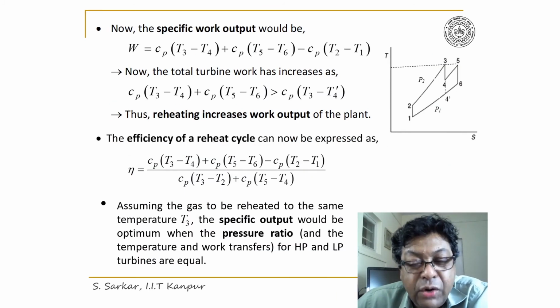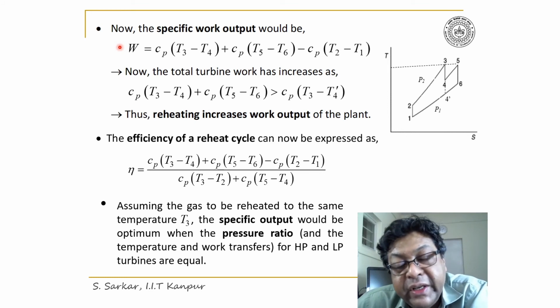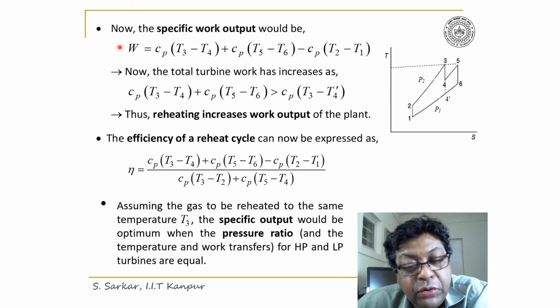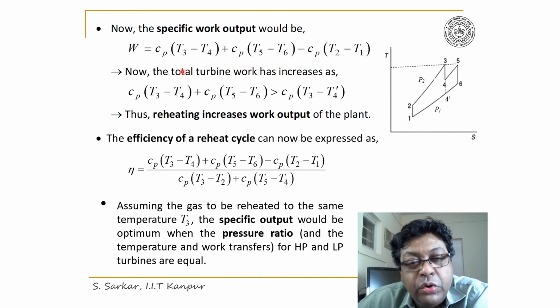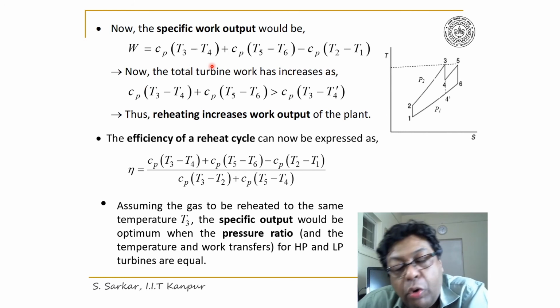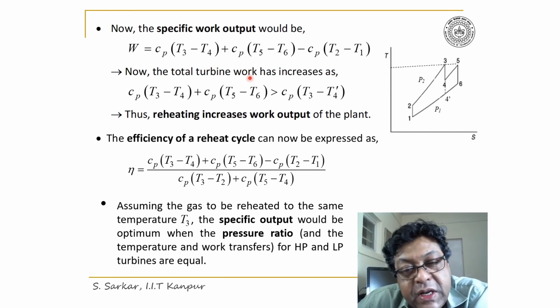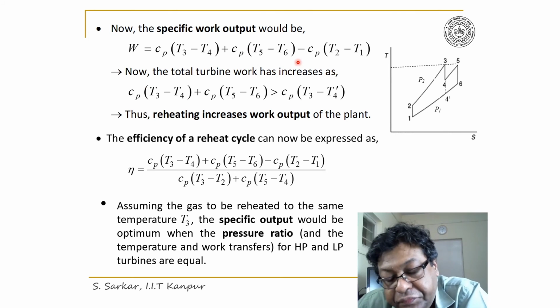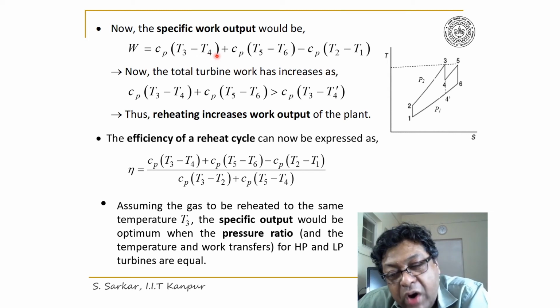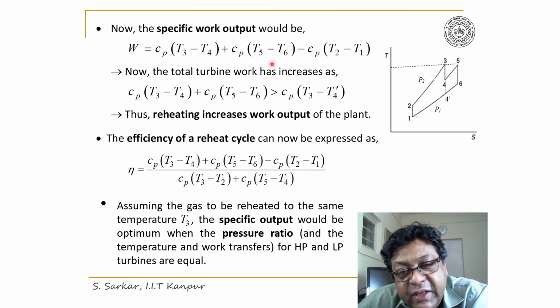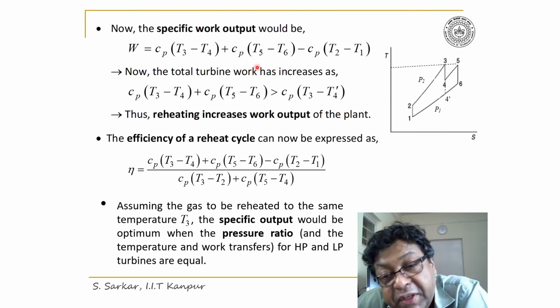Let us carry out now the performance analysis of a reheat cycle. Thus, the specific work output can be given by W equal to the work done by the two turbines minus compressor work. So it would be Cp into T3 minus T4 plus Cp into T5 minus T6. This one represents the work done by HPT, and this one is work done by LPT.